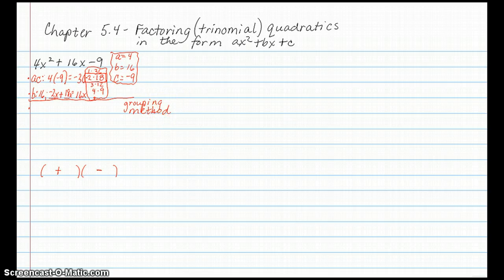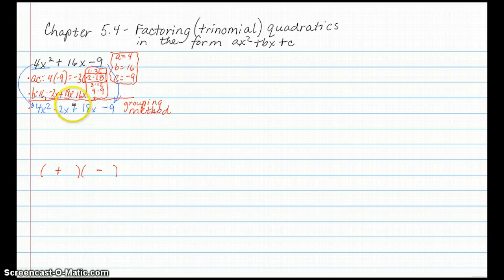And the grouping method entails that you take the 4x squared, just bring it down. Then you take the negative 9, just bring it down, minus 9. But the 16x is going to come down as 2, so it's going to come down as minus 2x, or plus a negative 2x if you prefer, plus 18x.